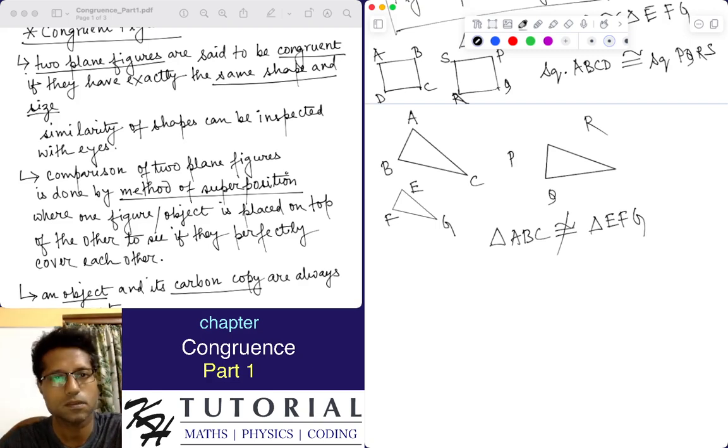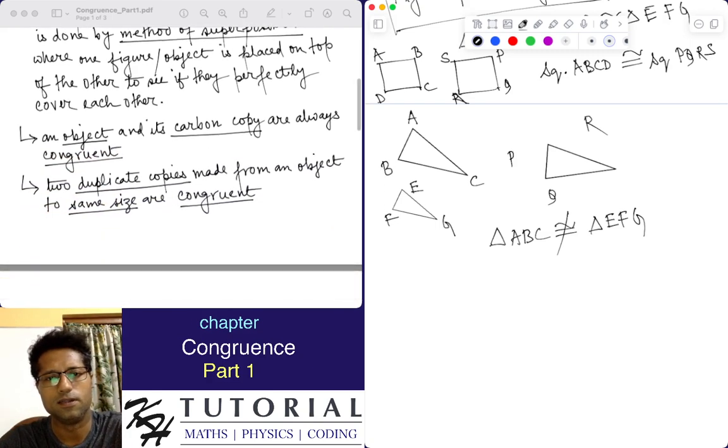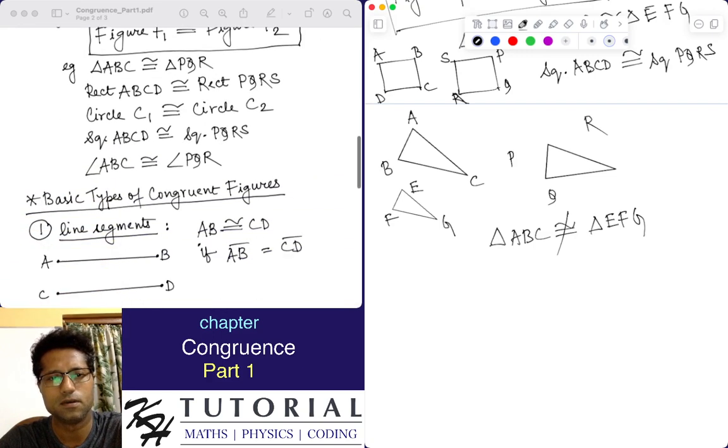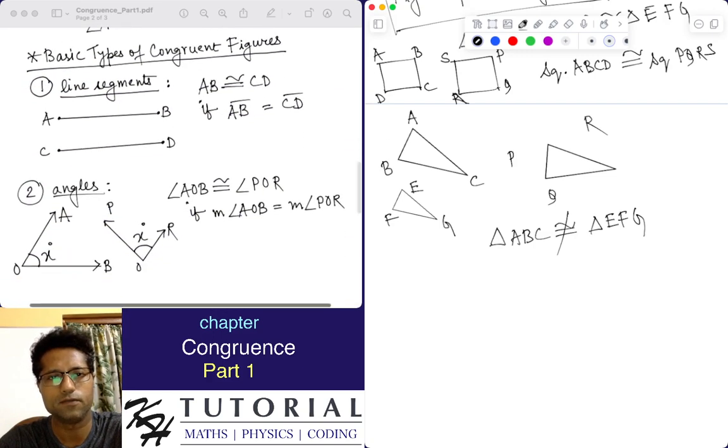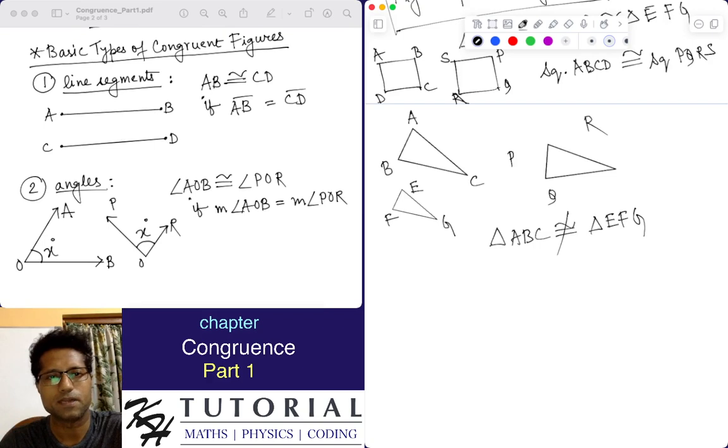Okay. Now let's try to discuss some basic types of congruent figures. The first one is line segments. Two line segments AB and CD will be congruent just if the lengths of the segments are same. So let's say I have this line segment.